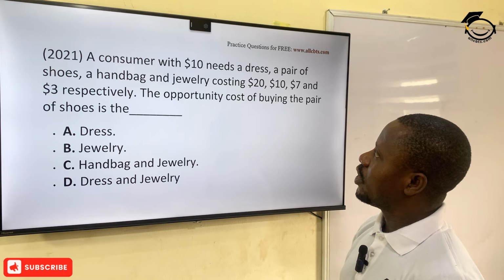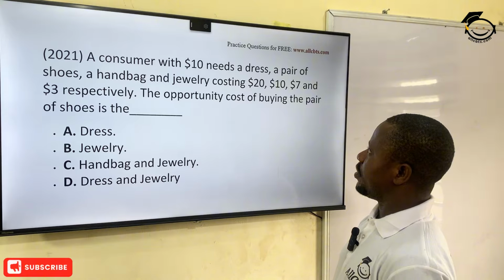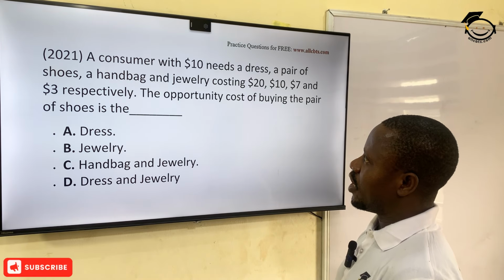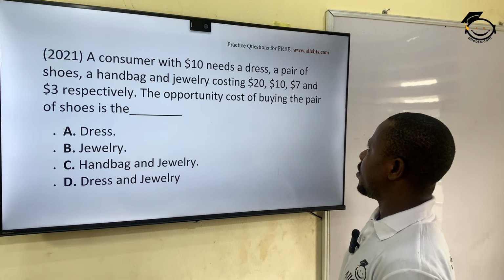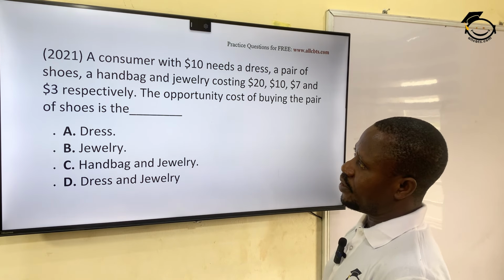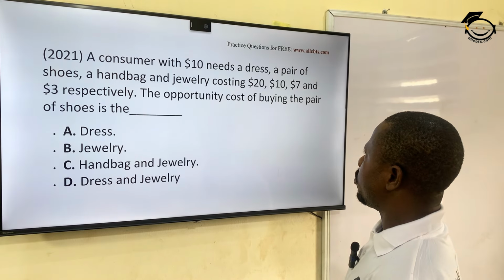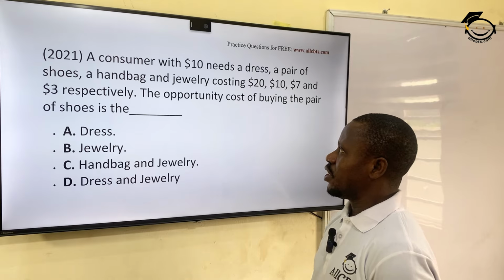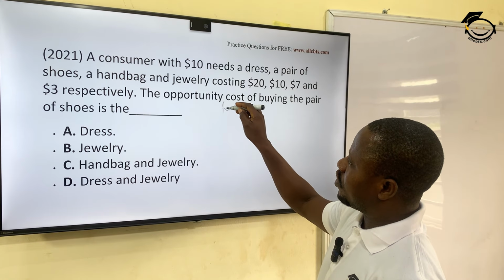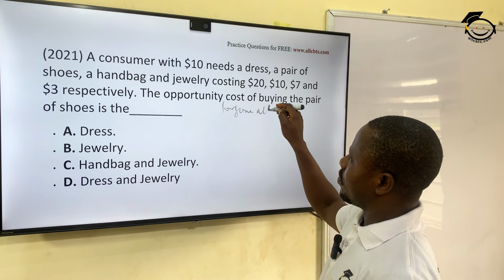A consumer with $10 needs a dress, a pair of shoes, a handbag, and a jewelry costing $20, $10, $7, and $3 respectively. The opportunity cost of buying the pair of shoes is what? The opportunity cost in economics is the foregone alternative.